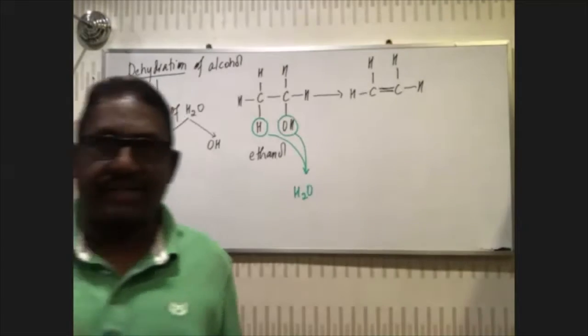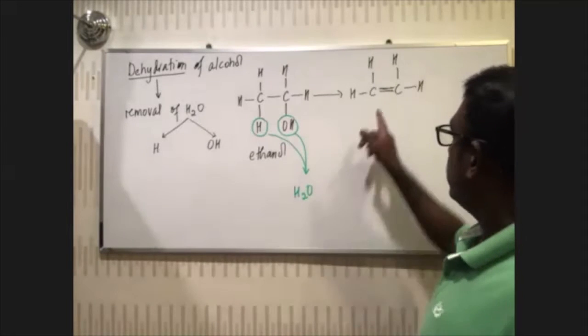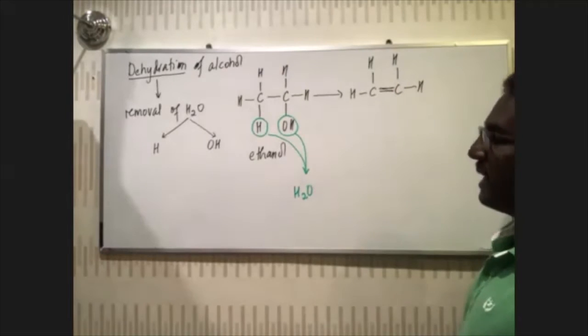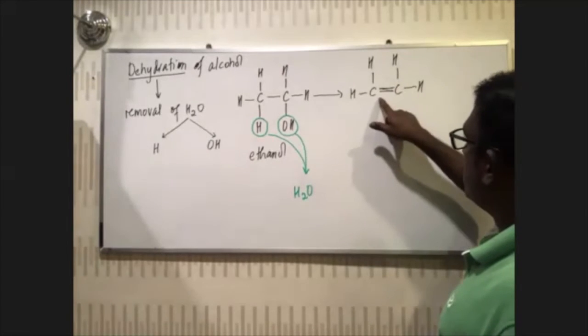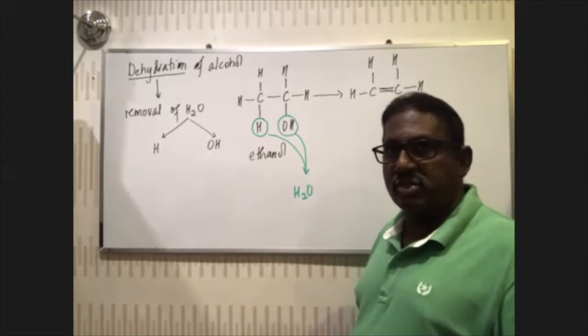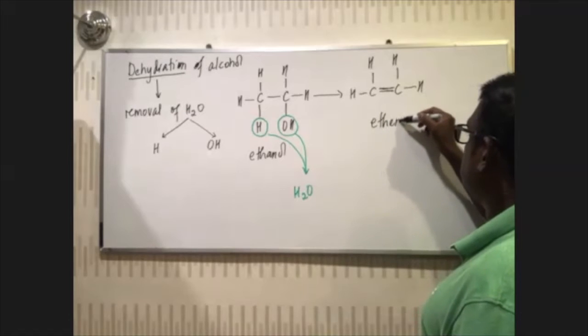Go through in your mind what I said, how dehydration works. So the moment you see a carbon-carbon double bond, you know that's an alkene group. And since it's 2 carbon atoms, it becomes ethene.